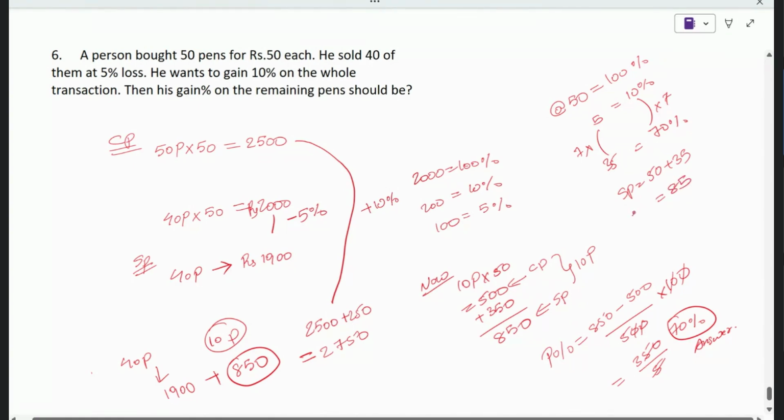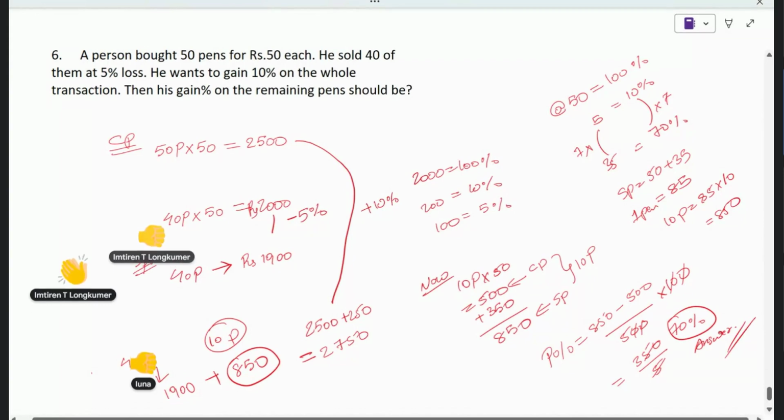This is for 1 pen. 10 pens will be 85 into 10, which gives us 850, or no? Yes, it's true. So the answer is 70%.